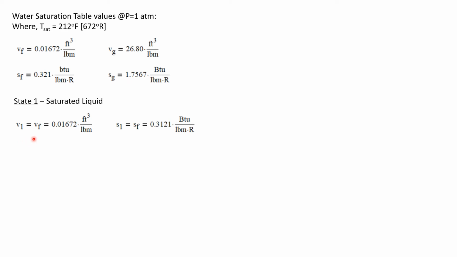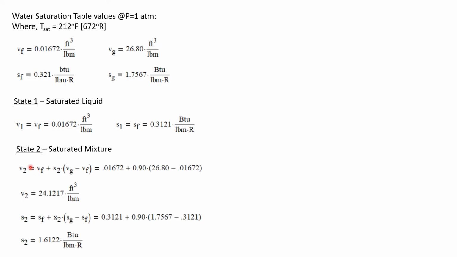So now let's get important properties for state 1 when it's saturated liquid. Well, its specific volume is just v sub f, and that's this value that we took from the table already. And s1 is s sub f, and so we have that value. And for the state 2 properties, it's a saturated mixture at a quality of 90%. So v2 is just v sub f plus the quality times v sub g minus v sub f.